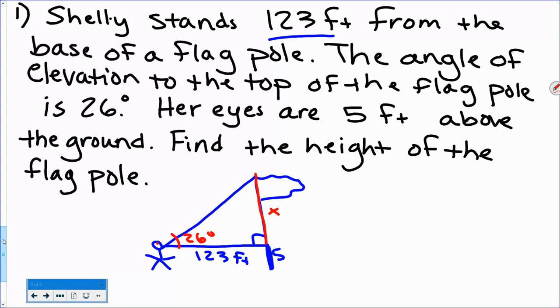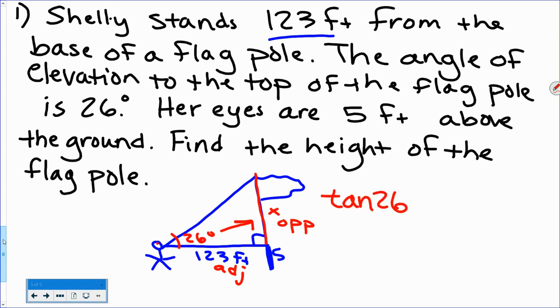Okay, so I don't know the side that is opposite to the angle that I do know. The other part that's been given to me is the 123 feet, which is adjacent to the angle that I'm given. So what would use opposite and adjacent? Tangent.